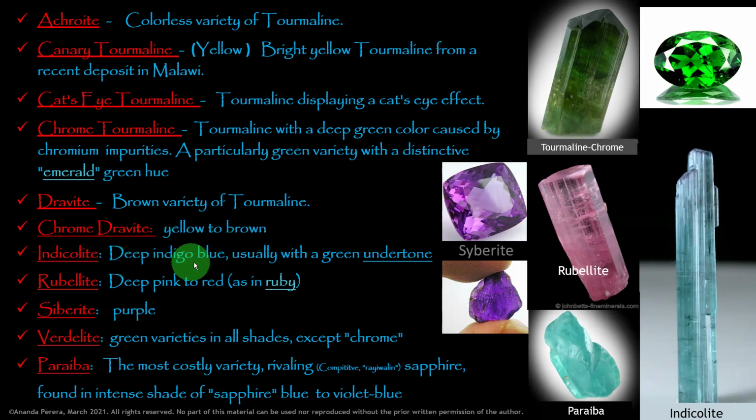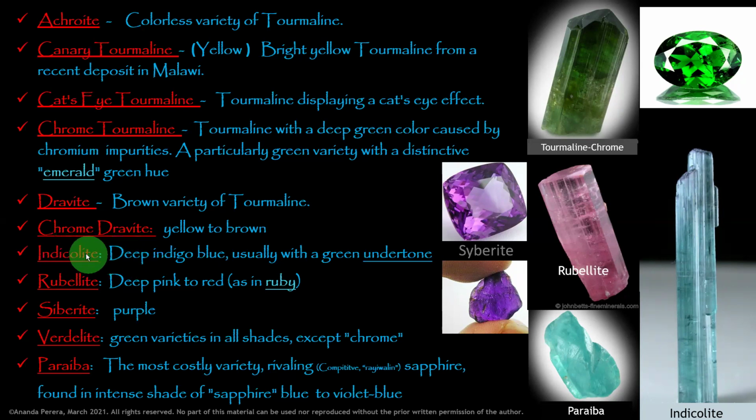Indicolite, deep indigo blue, usually with a green undertone. Indicolite we can't normally find in Sri Lanka, but I had one stone now, 560 carats, a clean indicolite, came from the Alutnuwara, Balangoda area.